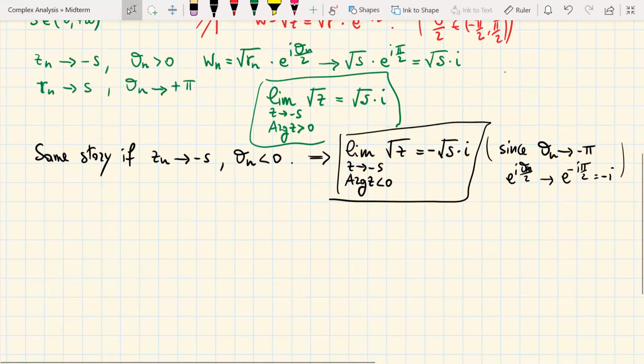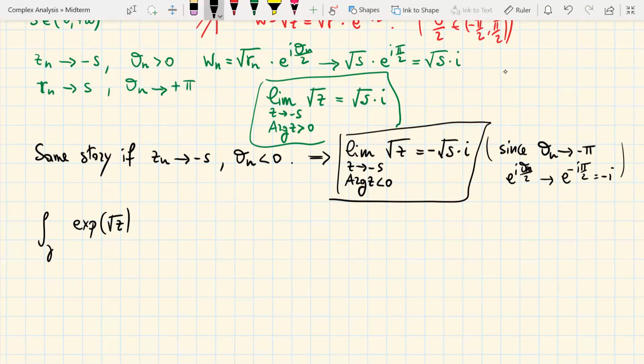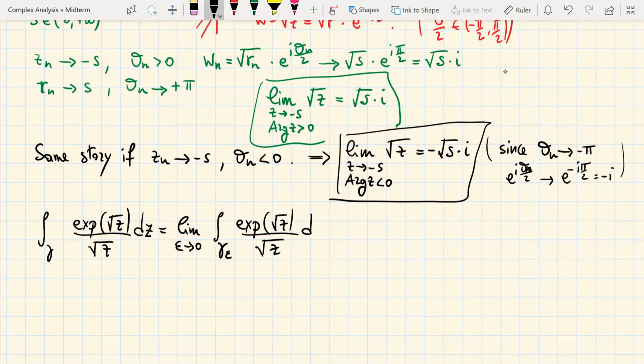So what we find now is that the integral over gamma of the exponential of the square root of z divided by the square root of z dz is the limit as epsilon goes to 0 of the integral over gamma epsilon of the same function.